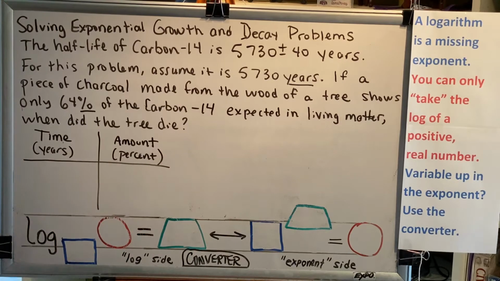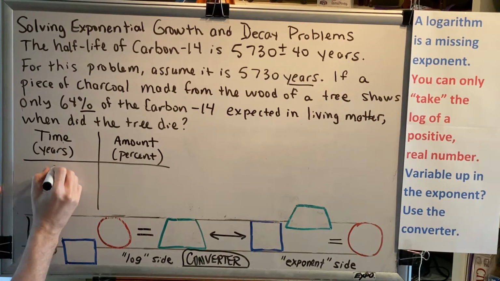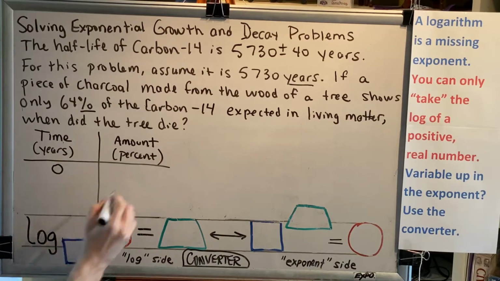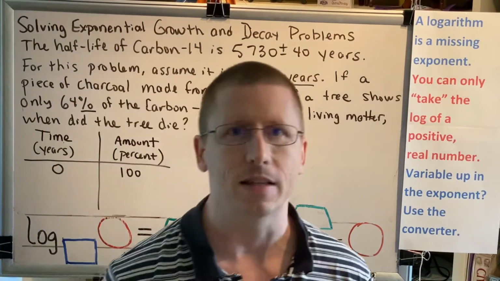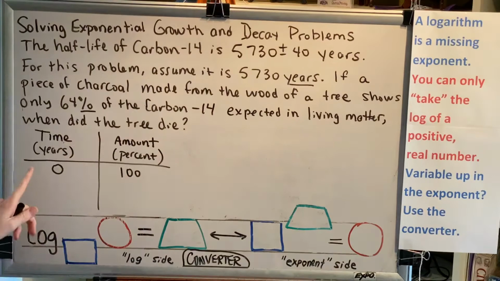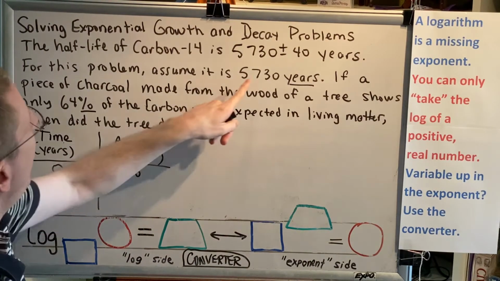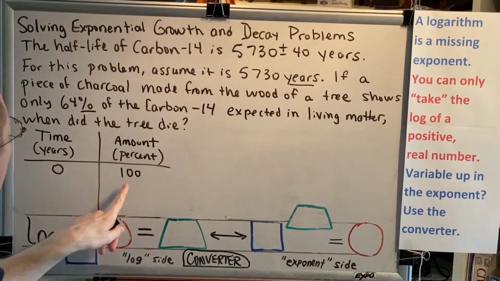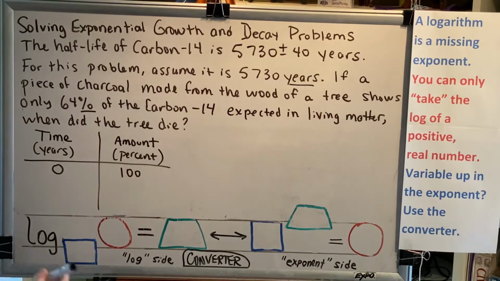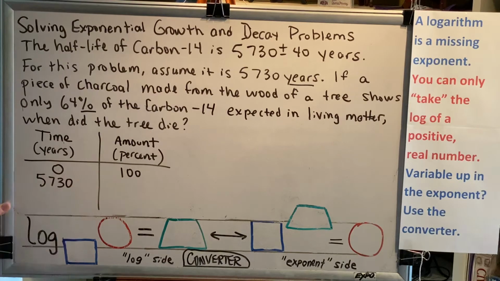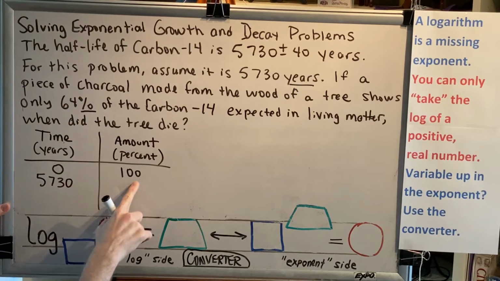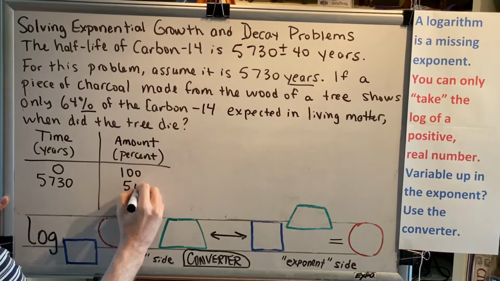Okay, great. So let's go ahead and solve this problem. We know that at the moment that the tree died, which is the moment that the clock starts, time 0, it had 100% of its carbon-14, because as long as it's alive, the carbon-14 is maintained. And we know that after one half-life, it will have half of that value. So when 5,730 years go by, then the amount of carbon-14 it will have is 50.